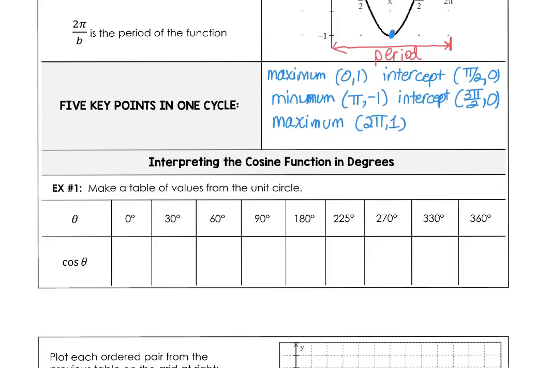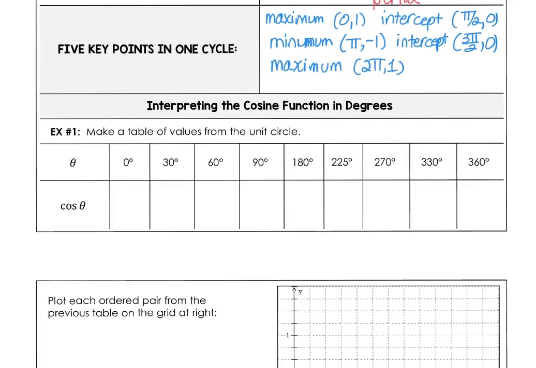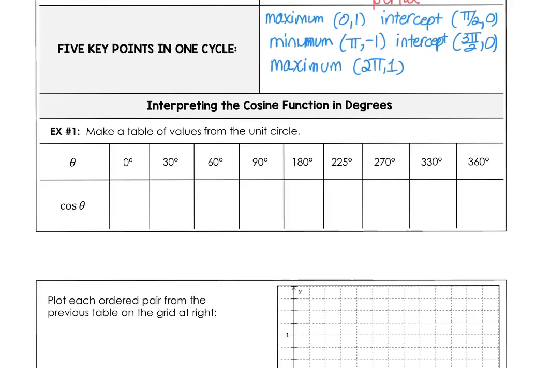In example 1, we're going to convert all of the values from 0 to 360. So like the definition said, the cosine of the angle theta is the x-coordinate of the point.